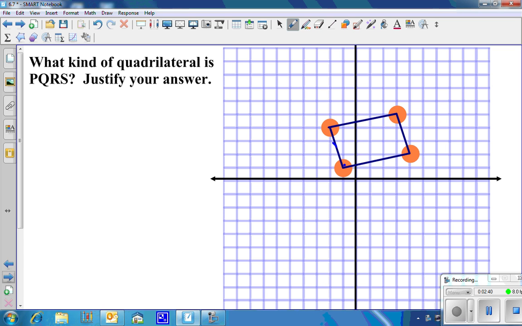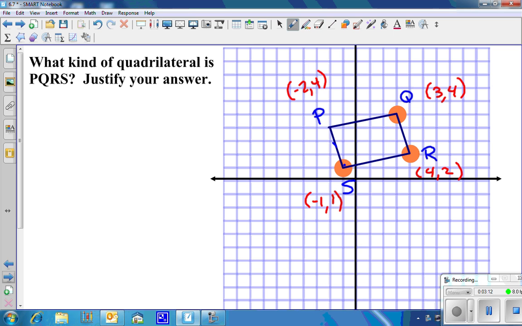All right, so I'm going to label this P, Q, R, S. And to help myself out, I'm going to write down the coordinates: -2, 4, 3, 4, 4, 2, and -1, 1. Those are my coordinates.